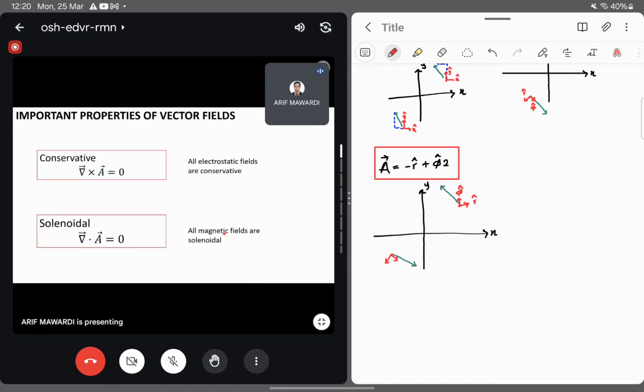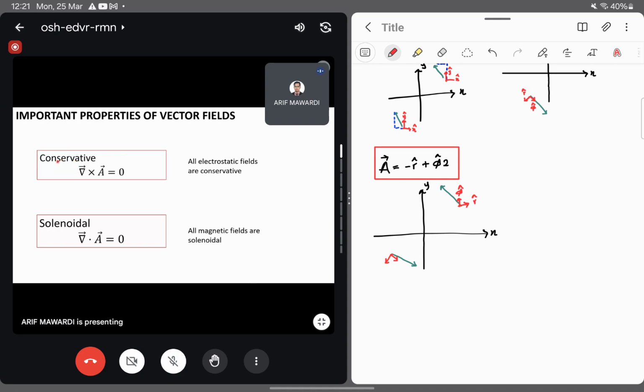Okay, so these are some important properties of vector fields. If this is my vector field, and if I calculate the curl of my vector field, and the curl is equal to 0, then that vector field is called a conservative field.